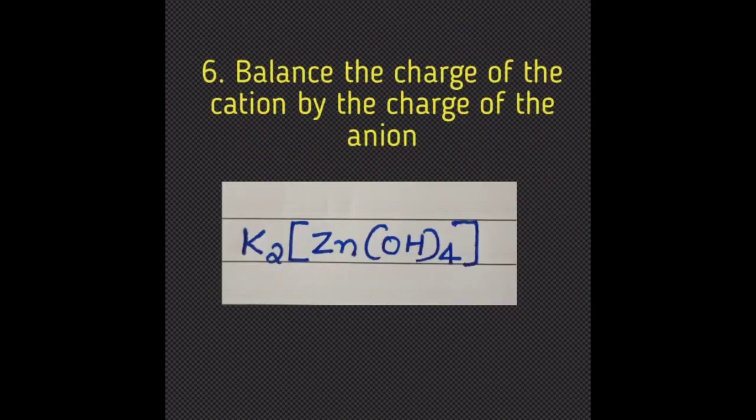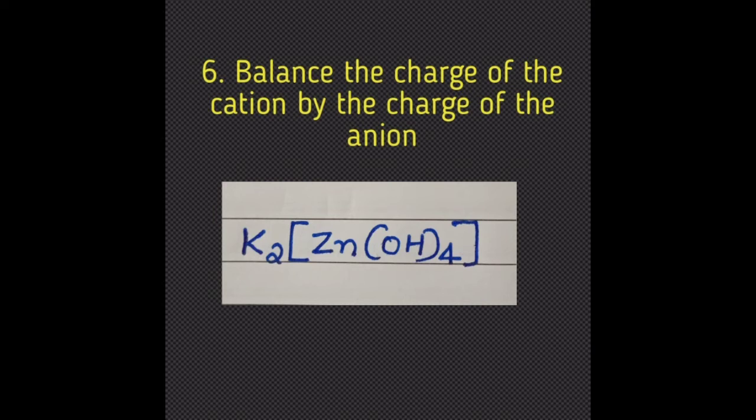Sixth rule, balance the charge of the cation by the charge of the anion. Here in the coordination sphere we have Zn, which has 2 plus charge, and OH, hydroxido ligands. OH has 1 minus charge. So 4 OH is there, so we have 4 minus inside the coordination sphere and 2 plus. So still 2 minus is remaining.